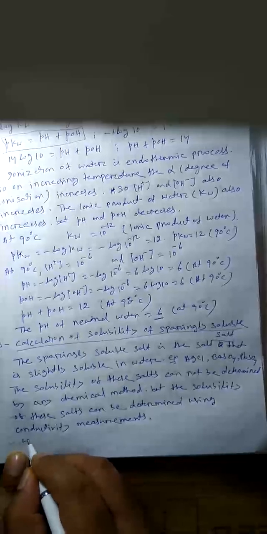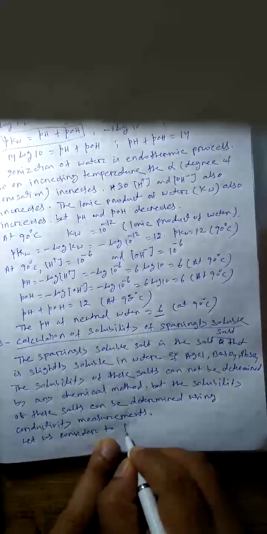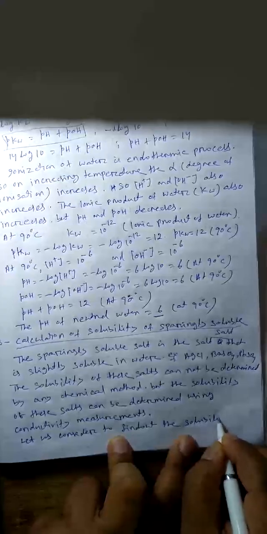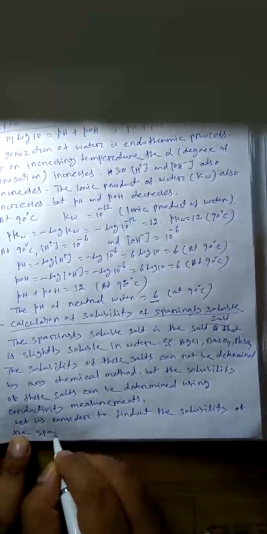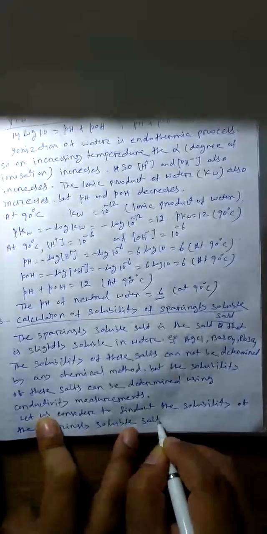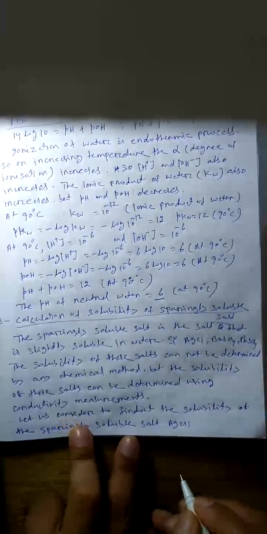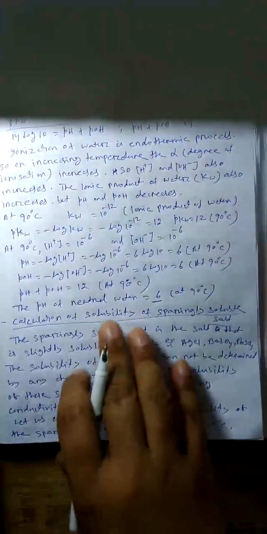Let us consider finding the solubility of the sparingly soluble salt silver chloride at 25 degrees centigrade.